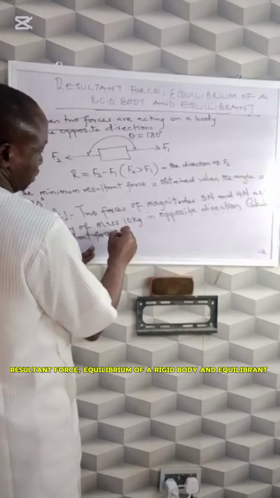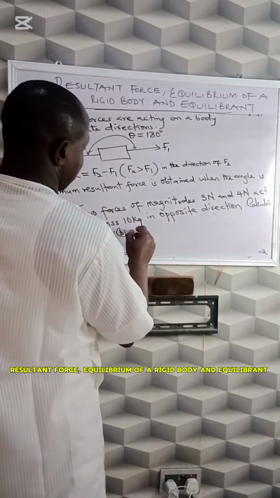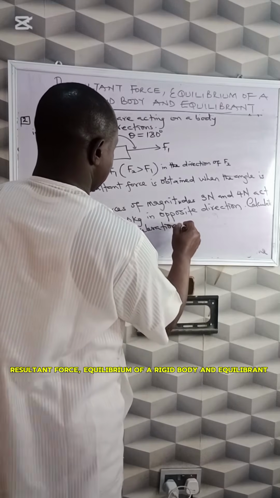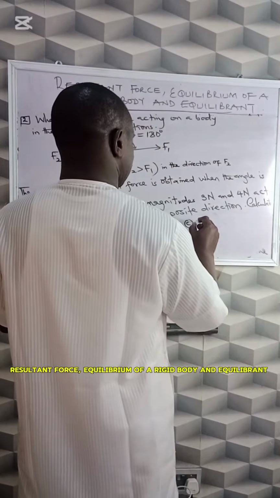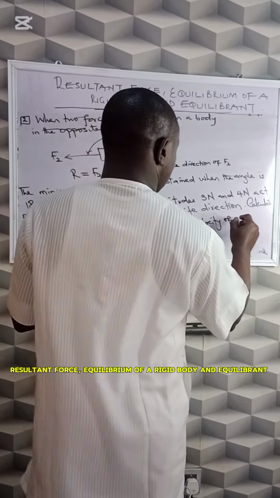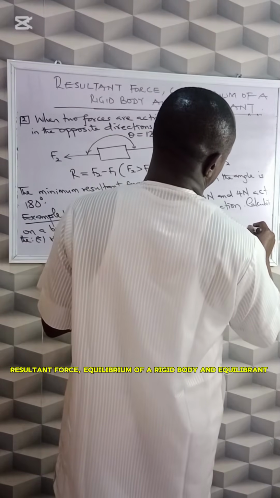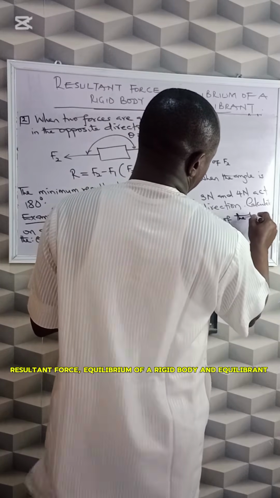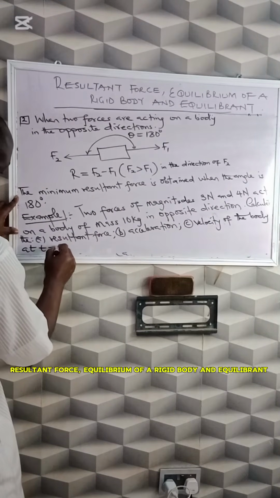B. Find the acceleration of the body. C. Find the velocity of the body at t equals 3 seconds.